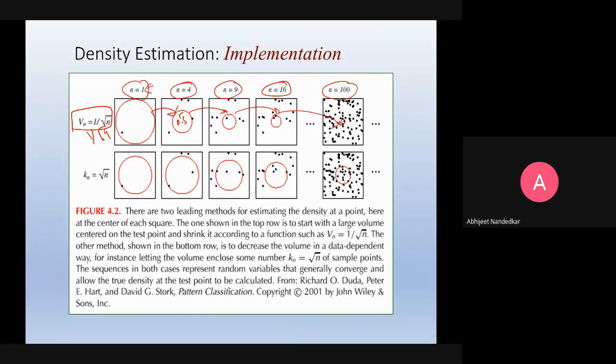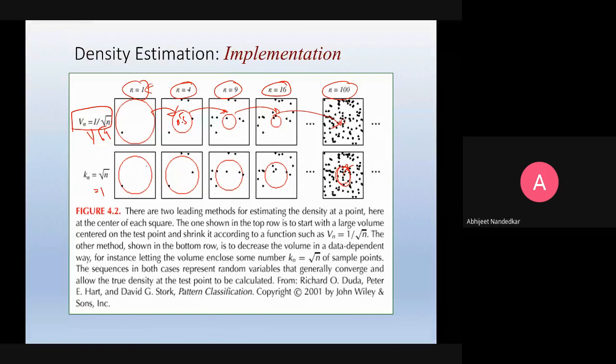Now in the second case, k equal to root n, you can see that as the number of samples increases, k, the number of samples falling in this particular circular window, is increasing. For example, suppose I put n equal to 1, so Kn is equal to 1.